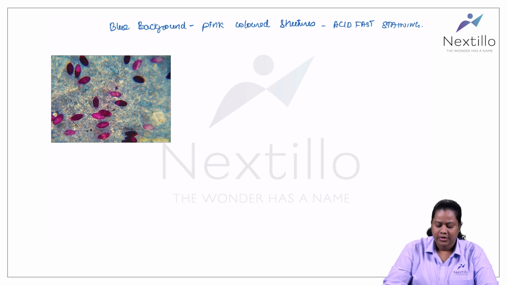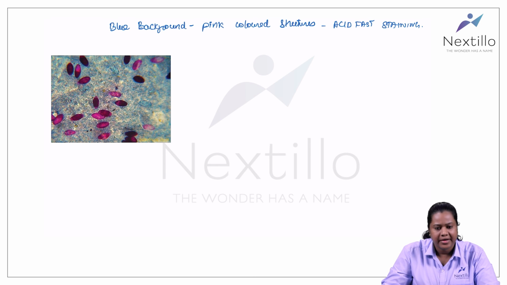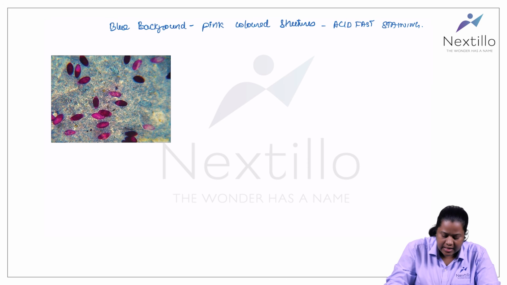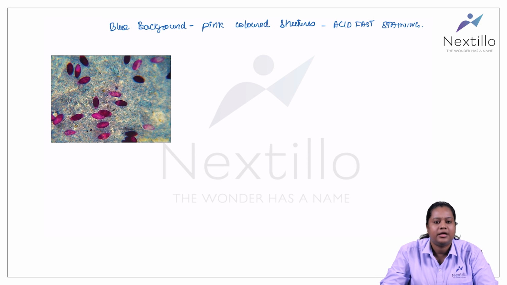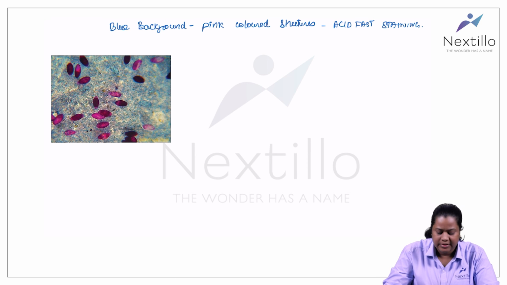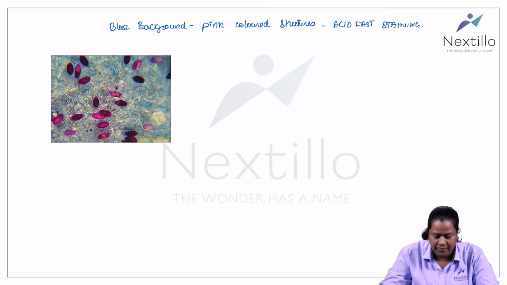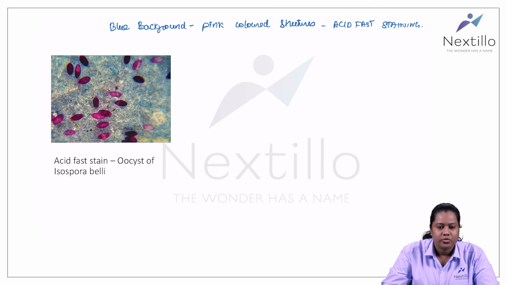So here it is a modified acid-fast stain. Why? Because I could see this oval oocyst, which is the oocyst of Isospora belli.